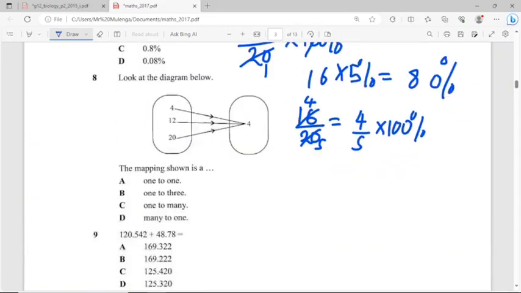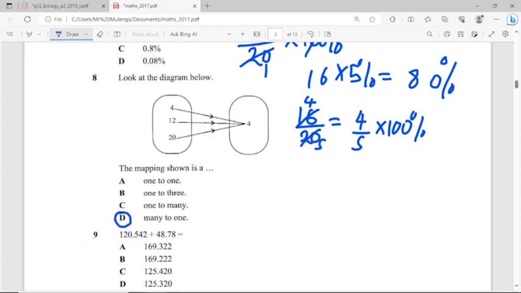Look at the diagram below. So this is a question that has to do with the mappings, okay, coming from relations and functions. So the mapping shown is, so here we can see that we've got many elements that are being mapped onto one item. Okay, so this is many to one. Okay, so no need to waste time here.